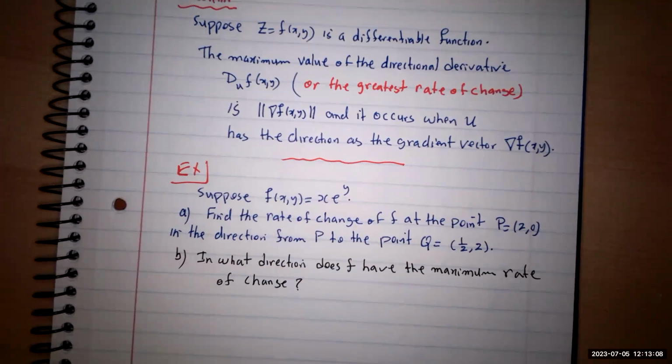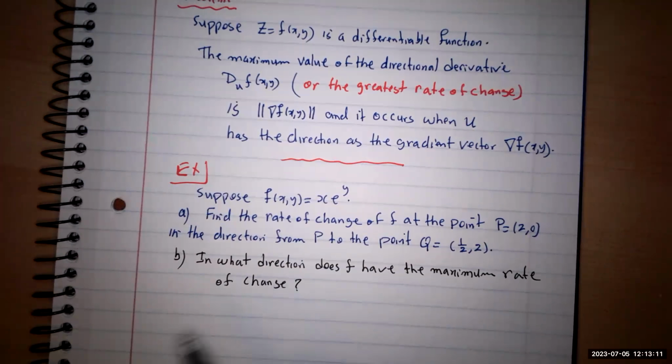As I talked about, you may have to decide a different direction that you can go from one point to the other, and then you may be interested in at what direction you can get the maximum rate of change. It depends on what your function is. Is it a temperature function, dollar function, growth function, rate function? Depends on the nature of your function. Then you can answer this type of question, which is going to be very interesting.